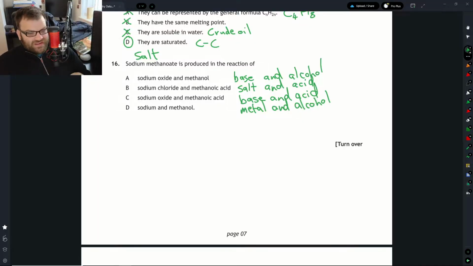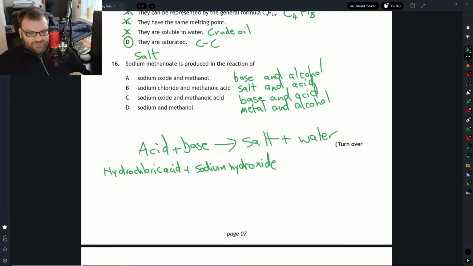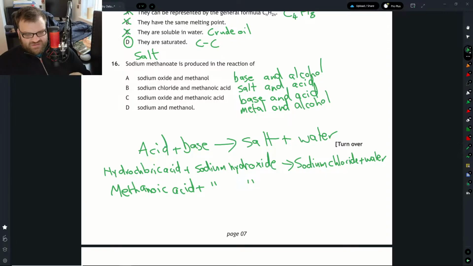It's the same reason as acid plus base makes salt plus water. So for example, if it was hydrochloric acid and sodium hydroxide, you would make sodium chloride and water. When you have something like methanoic acid plus, again, sodium hydroxide, you would make sodium methanoate.